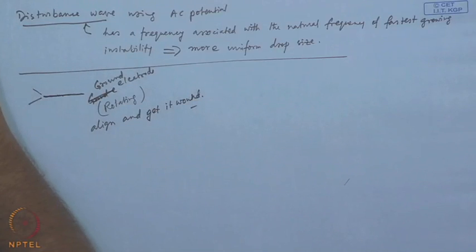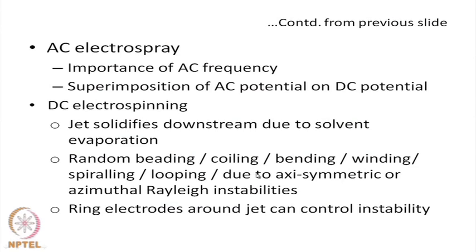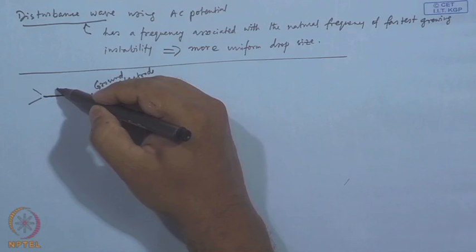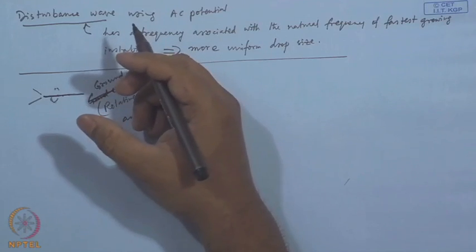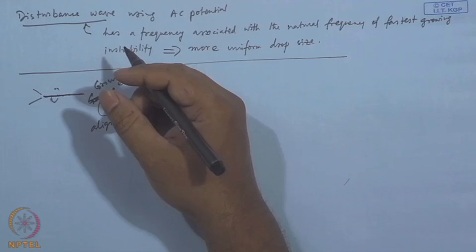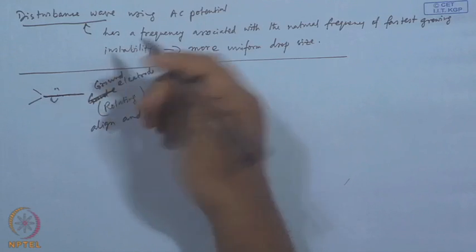And one can control these by the use of ring electrodes around the jet, so that the instability is less. So, there are ways to do it, and this is known as DC electrospinning.